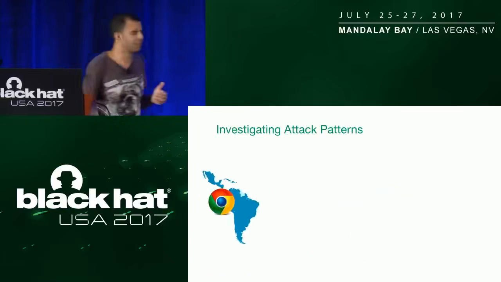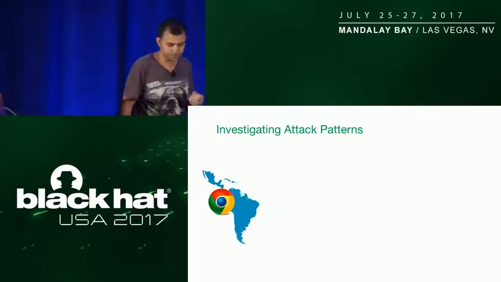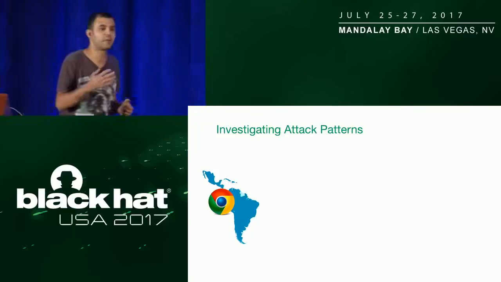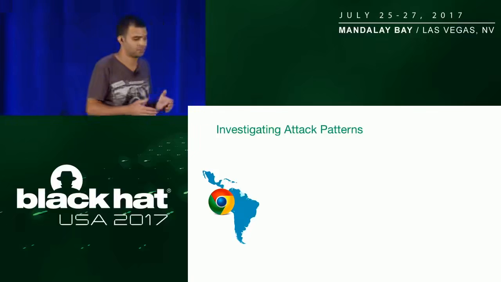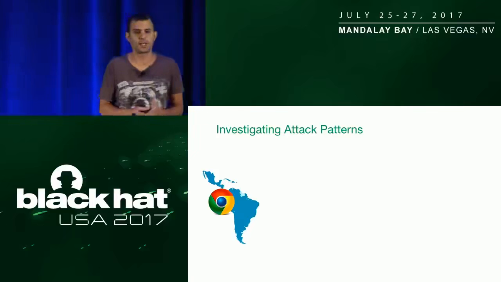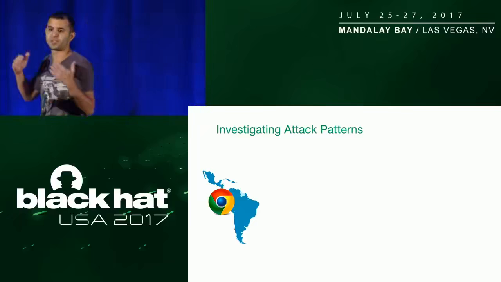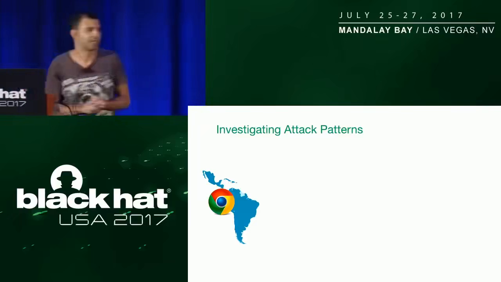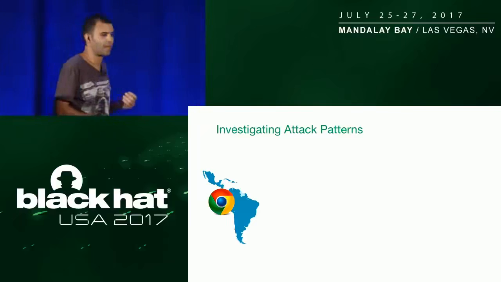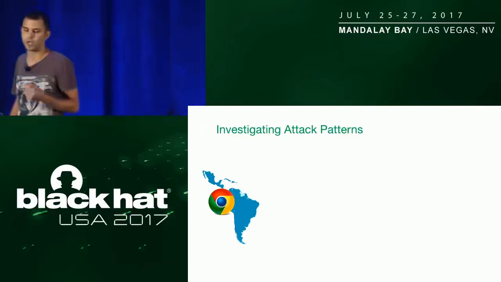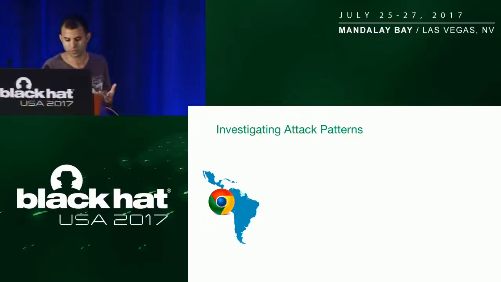The first thing that we noticed is that most of the increase in the sign-up event originated in Latin American countries. This was very weird because it was in high numbers, and almost all of the clients were coming with Chrome, with Google Chrome.